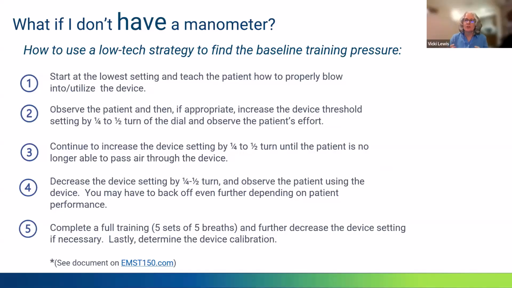But what I always want to do when I start working with a patient, before I'm going to figure out where are we going to start our training, I want to teach the patient how to use the device. And I want to see what works best for them. So finding out what mouthpiece is best for them. Which one is more comfortable, and or which one can they get the best lip seal with?